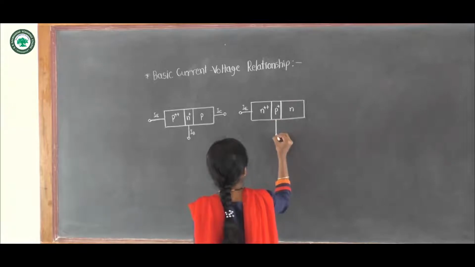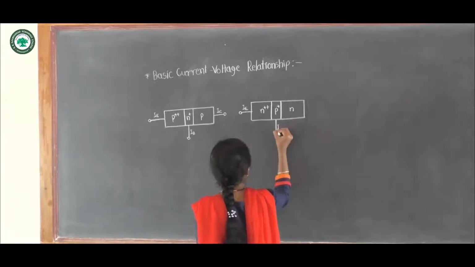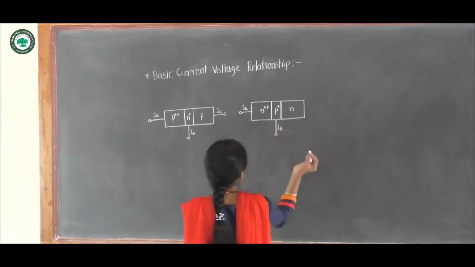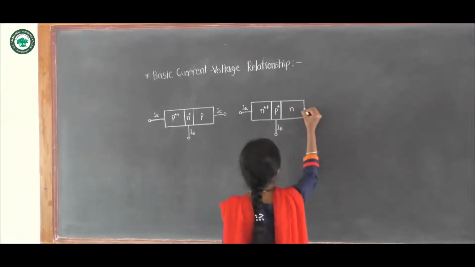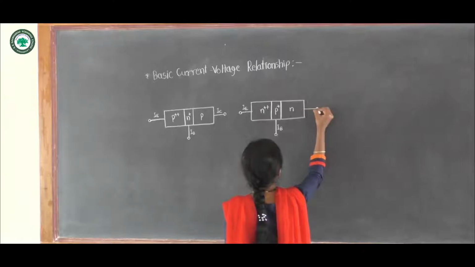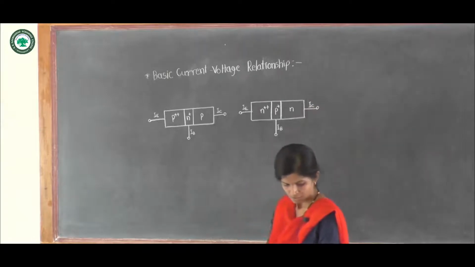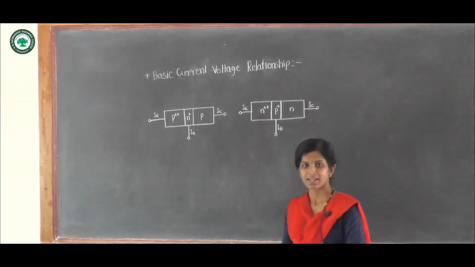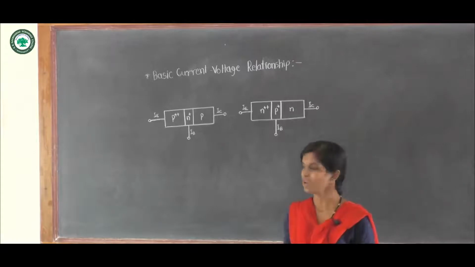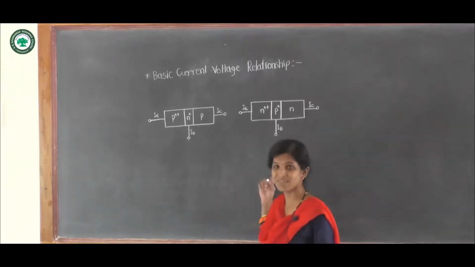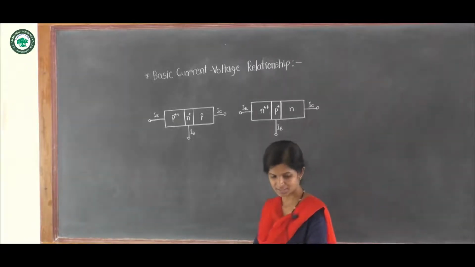Current flowing through this base terminal is denoted as IB, and current flowing through collector terminal is denoted as IC. And again we will see the symbol for this PNP as well as NPN transistor.